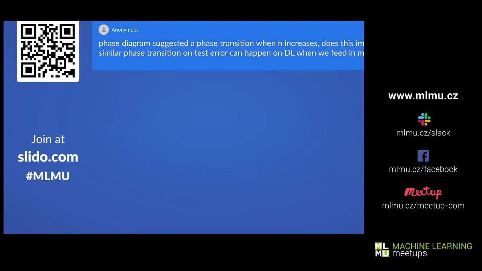The phase diagram suggested a phase transition when n increases. Does this imply a similar phase transition in test error can happen in deep learning when we feed in more data? Yeah, absolutely. I would rather say when we feed in less data, right? Because most of the examples we have in mind are databases where for the number of examples that you have, things are working.